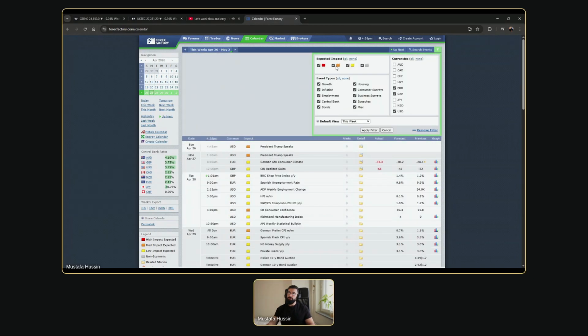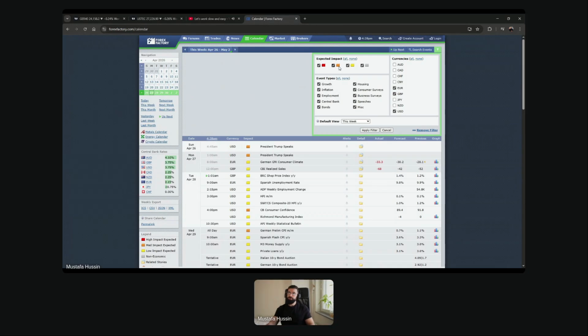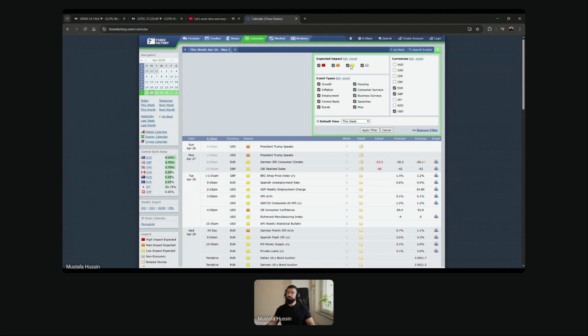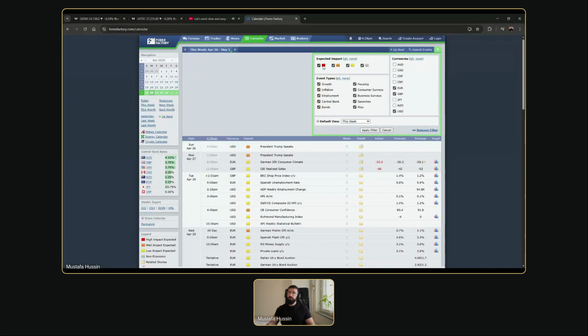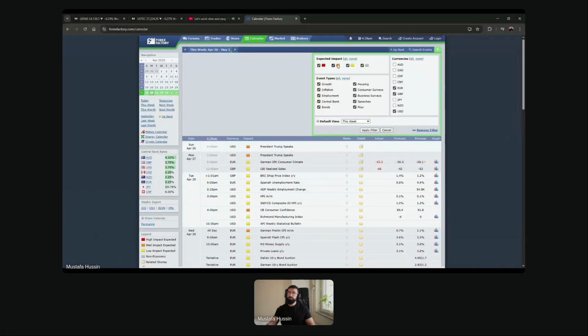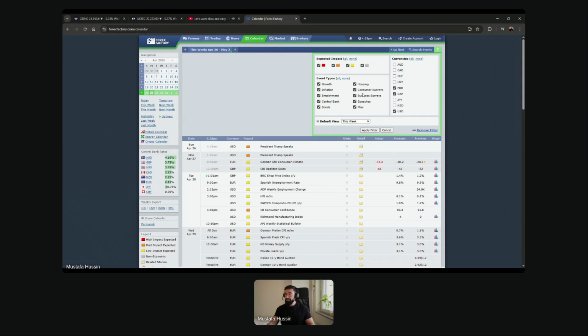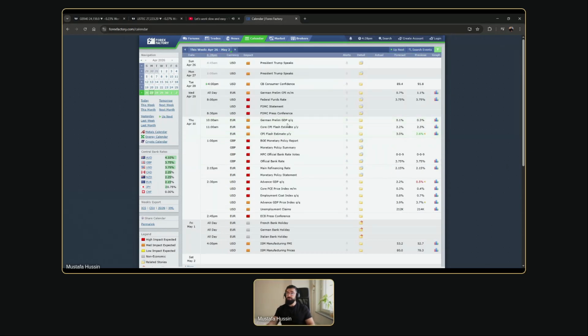There are red folders, orange, and yellow. The red folders are the high impact news days, the orange is medium impact, and the yellow one is low impact. So you can basically just apply a filter on these and see which news really affects the market. So US President Trump speaks again today.